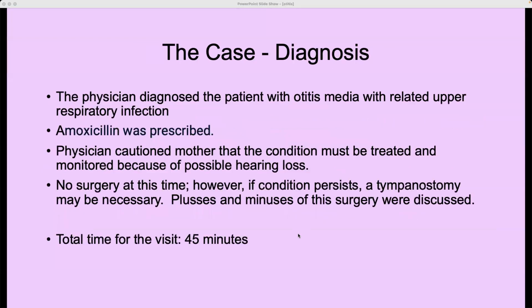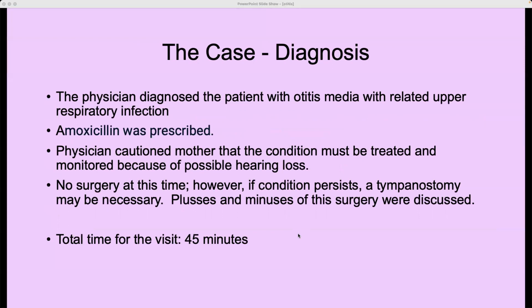So after talking to the mother and examining the child, the physician determined a diagnosis. The physician diagnosed the patient with otitis media with related upper respiratory infection. Amoxicillin was prescribed. The physician cautioned the mother that the condition must be treated and monitored because of possible hearing loss, worst case scenario.